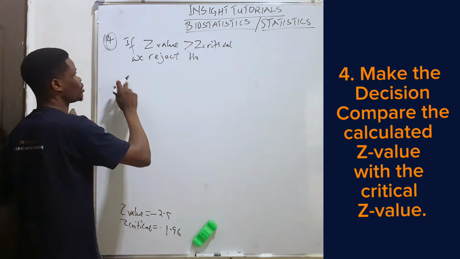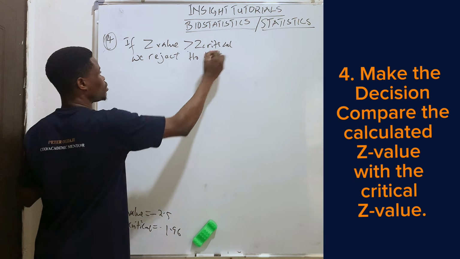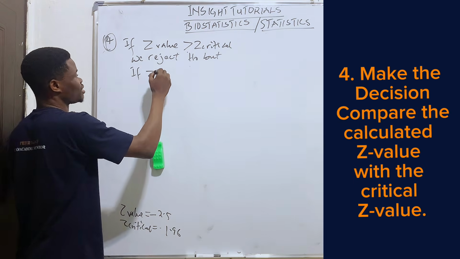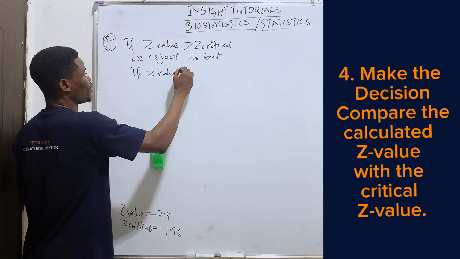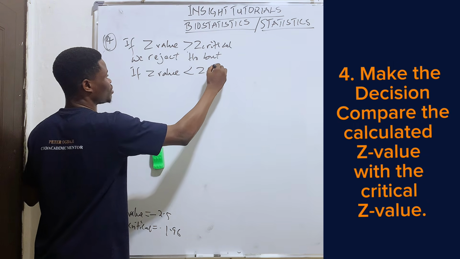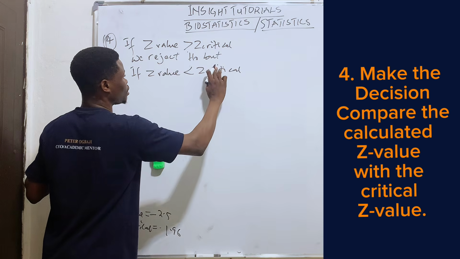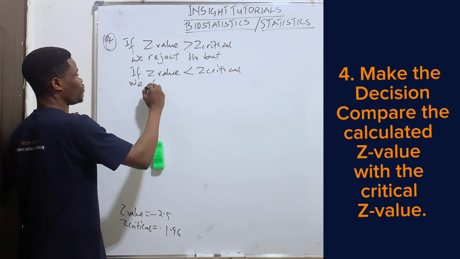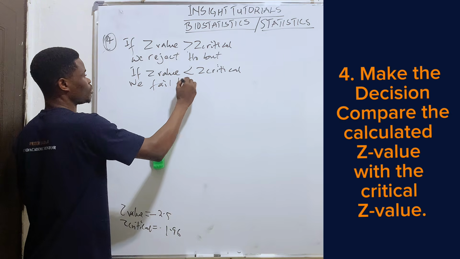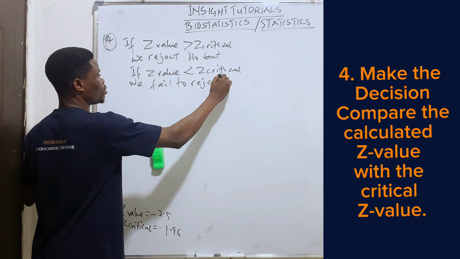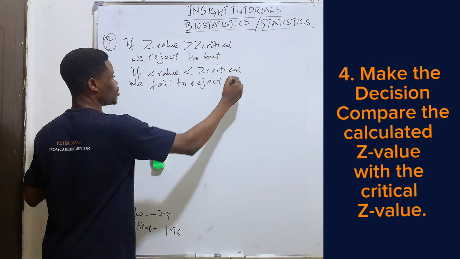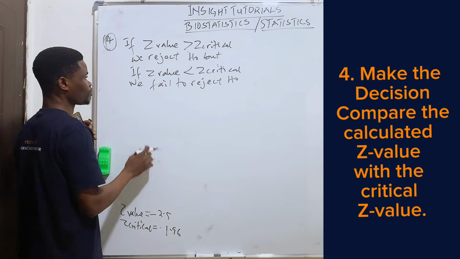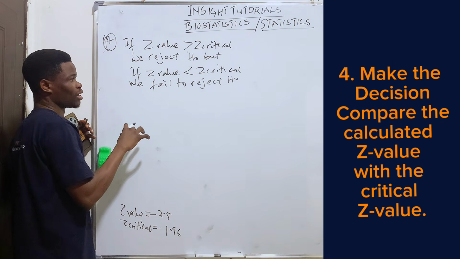Reject the null hypothesis. But if our Z value is less than our Z critical, we fail to reject H0.